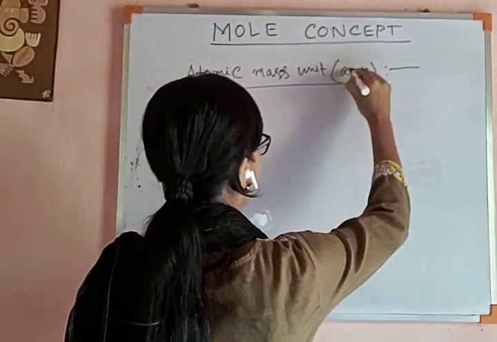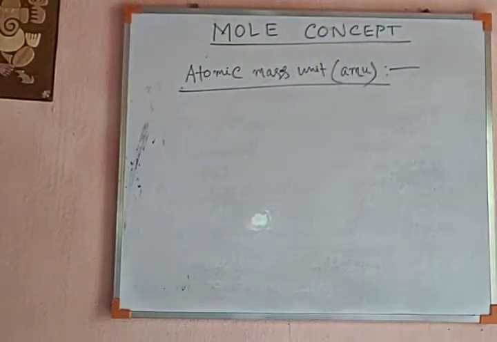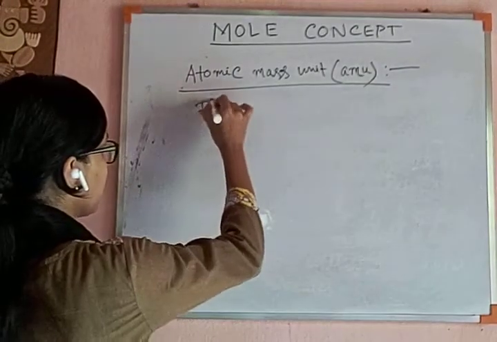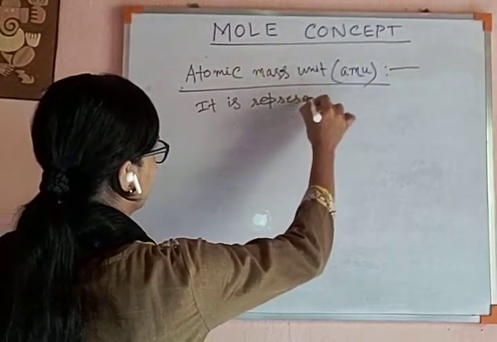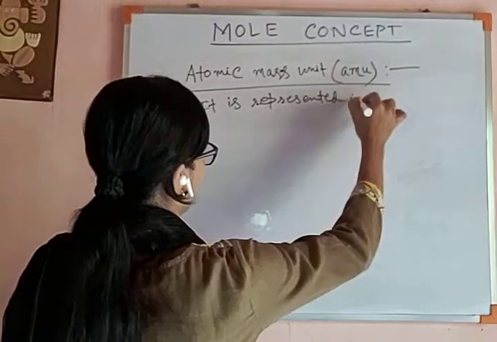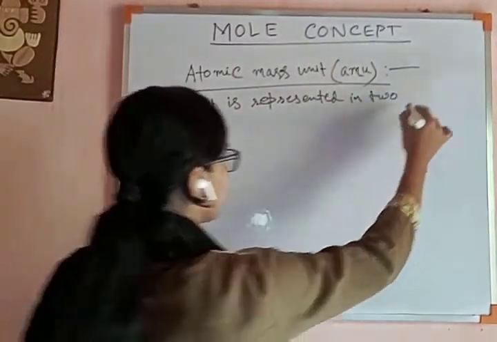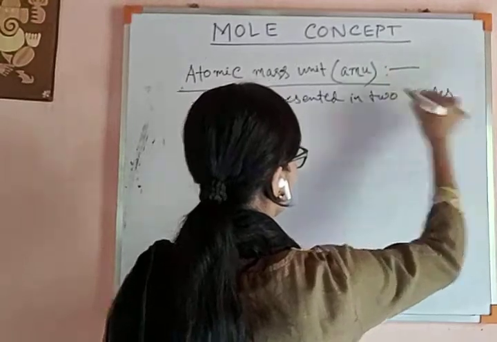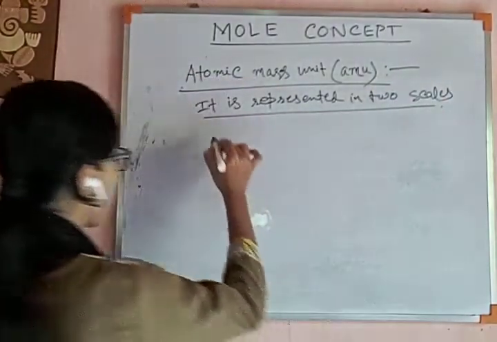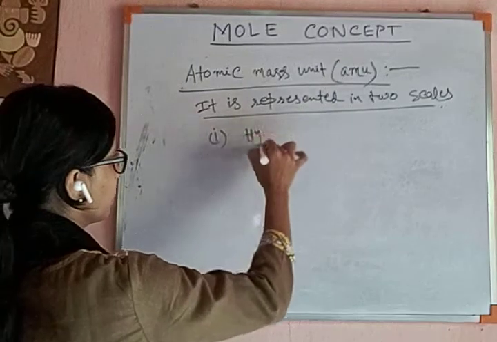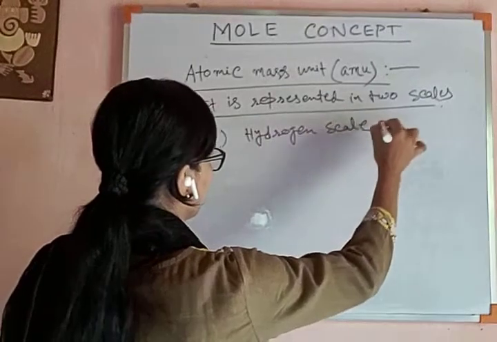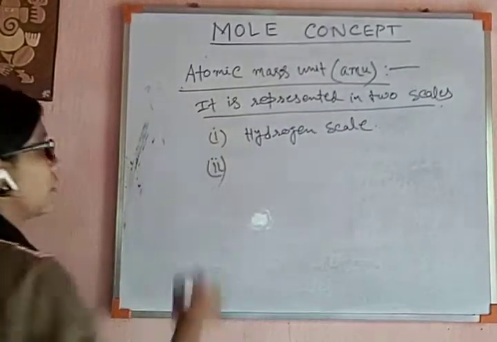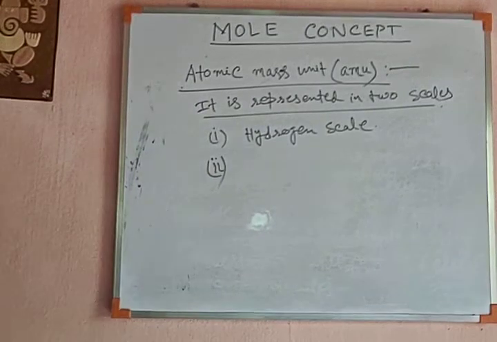Atomic mass unit can be represented in two scales. One is the hydrogen scale, and the second one is the carbon scale.